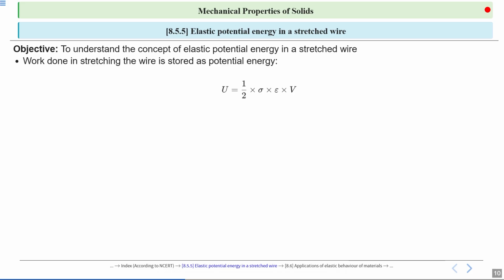Sigma is the stress applied to the wire in newtons per square meter. Epsilon is the strain. Alright. And V is the volume of the wire in cubic meter. So notice that the energy stored depends on both how much force we apply and how much the wire stretches.